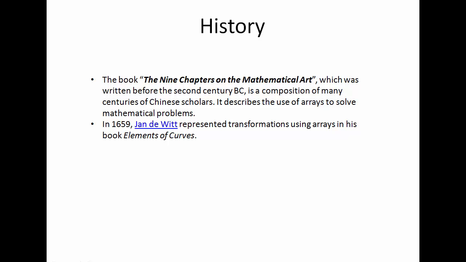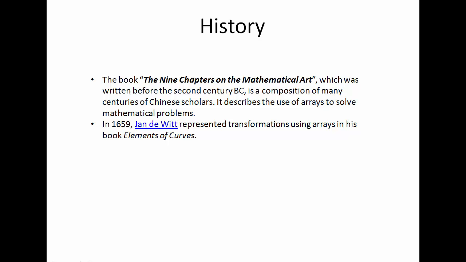History. The book, The Nine Chapters on the Mathematical Art, which was written before the 2nd century BC, is a composition of many centuries of Chinese scholars. It describes the use of arrays to solve mathematical problems. In 1659, Jan de Witt represented transformations using arrays in his book Elements of Curves.